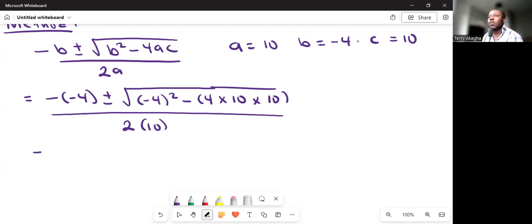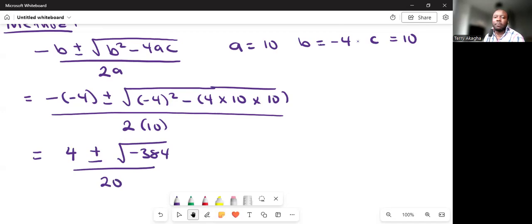When you press this in your calculator, minus times minus gives you plus, so that'll be plus 4. Now, inside the root this gives you 16 minus 400, which is minus 384, divided by 2 times 10, which gives you 20.